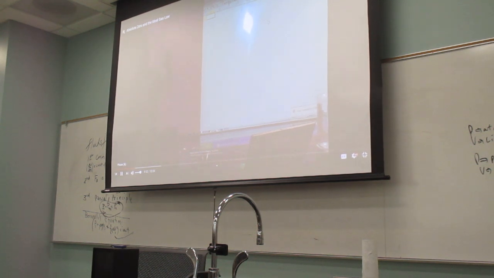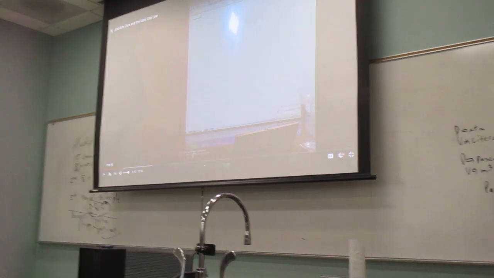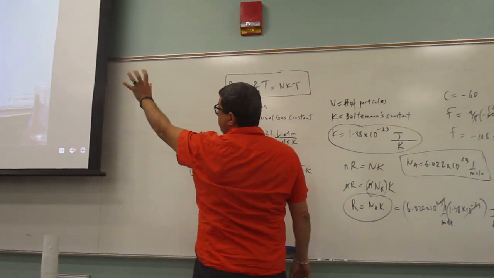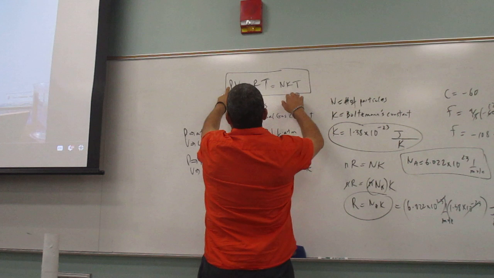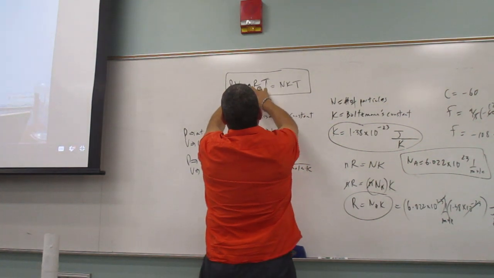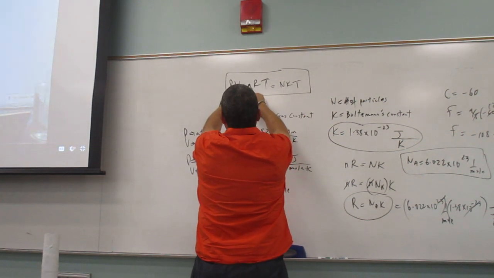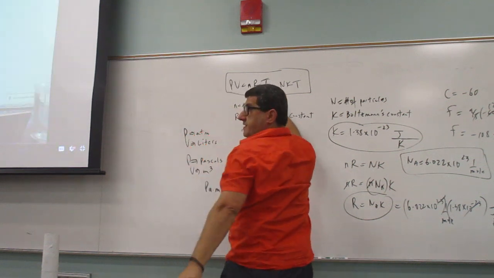24.4 Celsius, right? Water bath right here. So the idea is to take this fact that the volume of the ball is constant, the number of moles is held constant, so pressure should be a linear function of temperature.